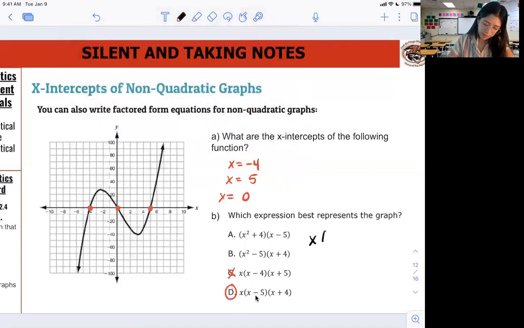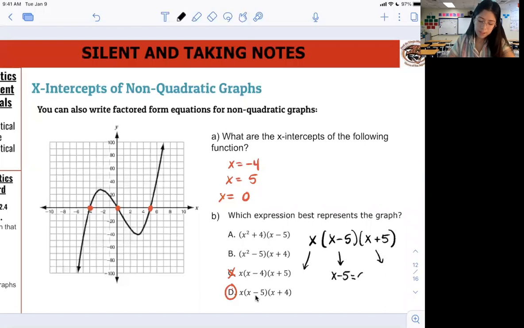So if there's an X in the front, remember how we work with these. We take each of them, and what are we supposed to do with them if we're doing it the long way? Foil. If we're finding the zeros, we do the opposite.